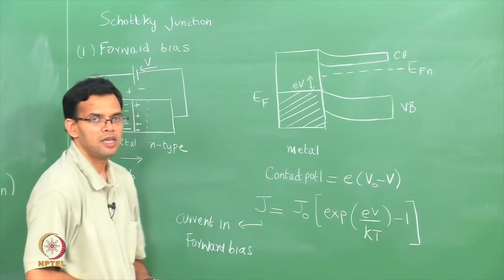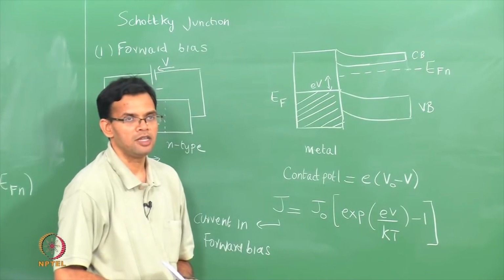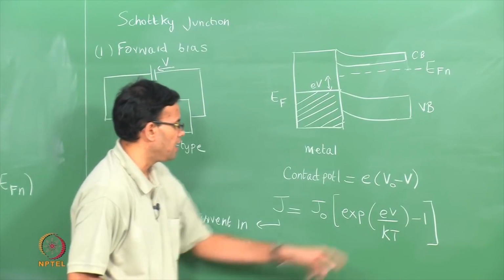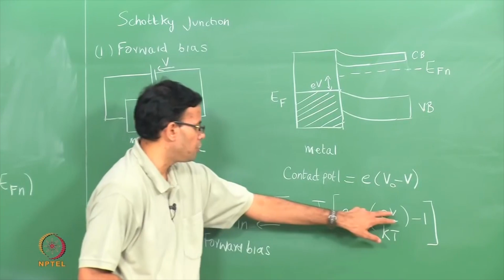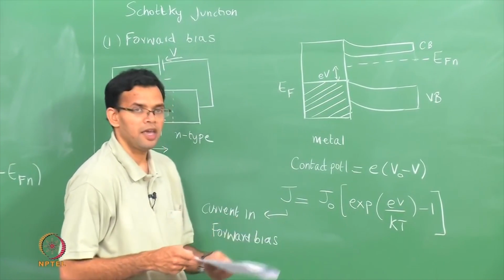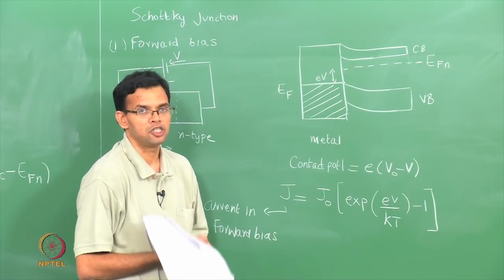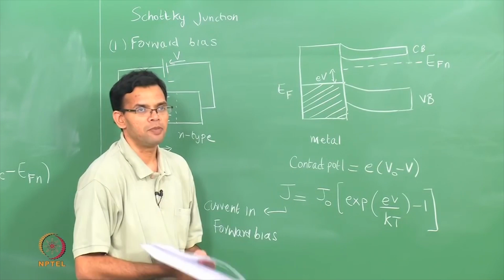V here is the applied potential. So, the current depends exponentially on the applied potential, and higher the potential, higher the current. So, this is the case of a metal semiconductor junction, a Schottky junction in forward bias.